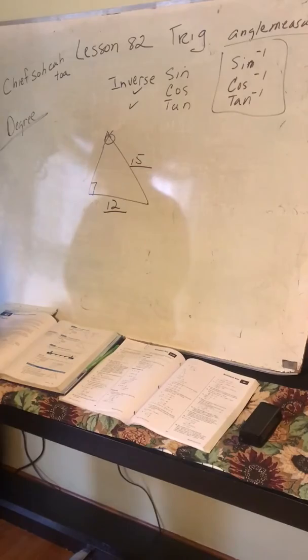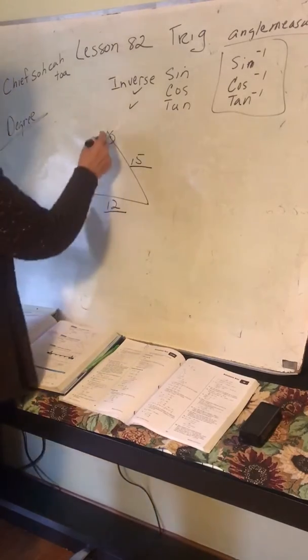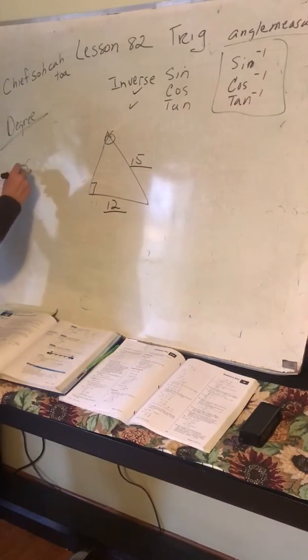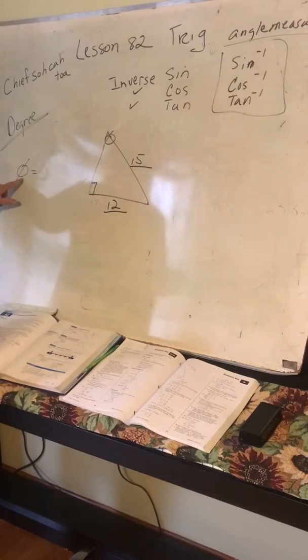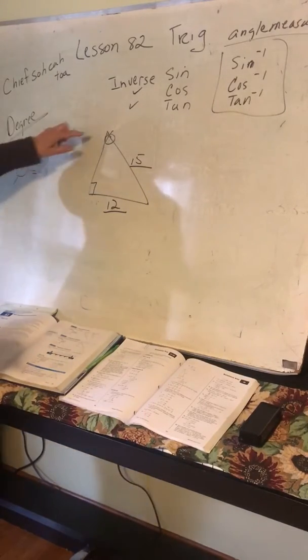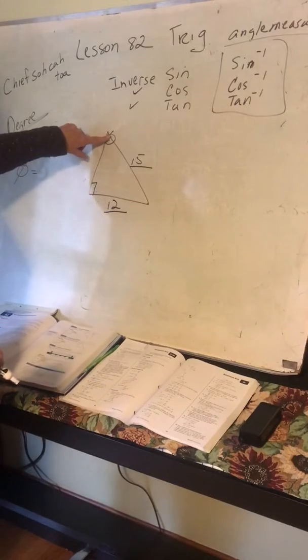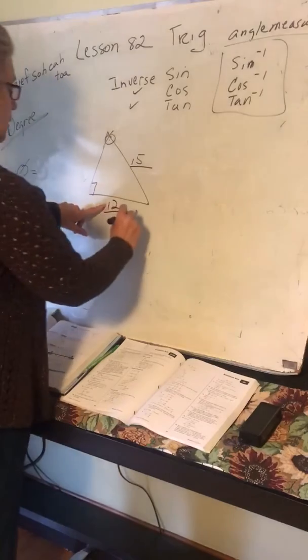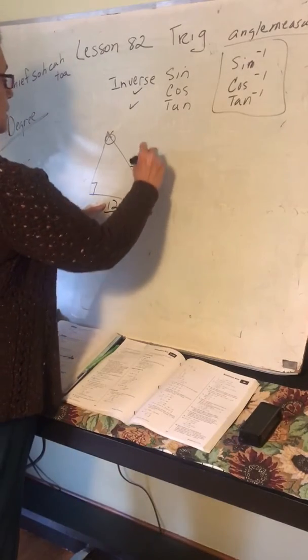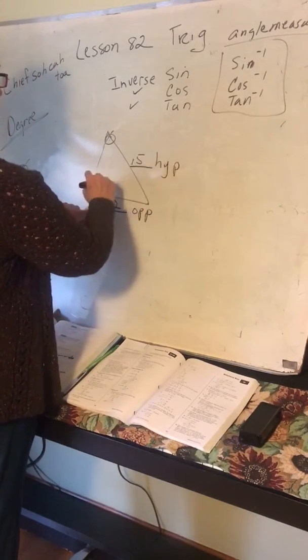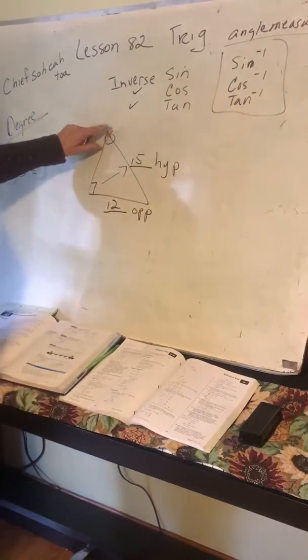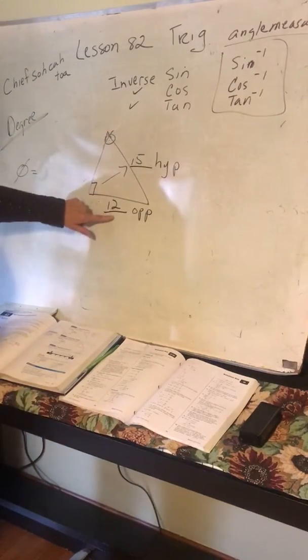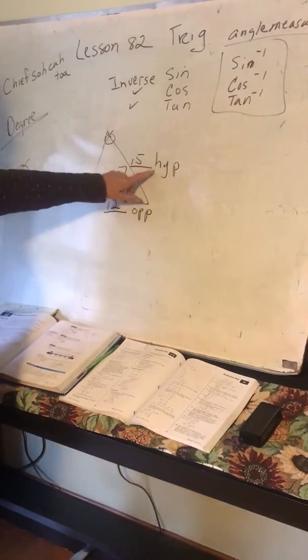So let's go ahead and look at this one. We want to know this unknown, which just stands for the angle measure that we're looking for. We're right here at the angle. This is the opposite side here, and this is the hypotenuse. For this angle up here, this is the opposite, and this is the hypotenuse.